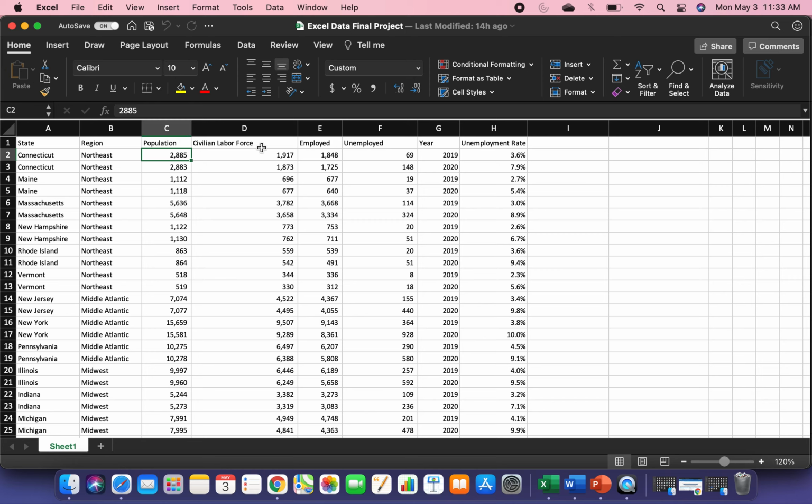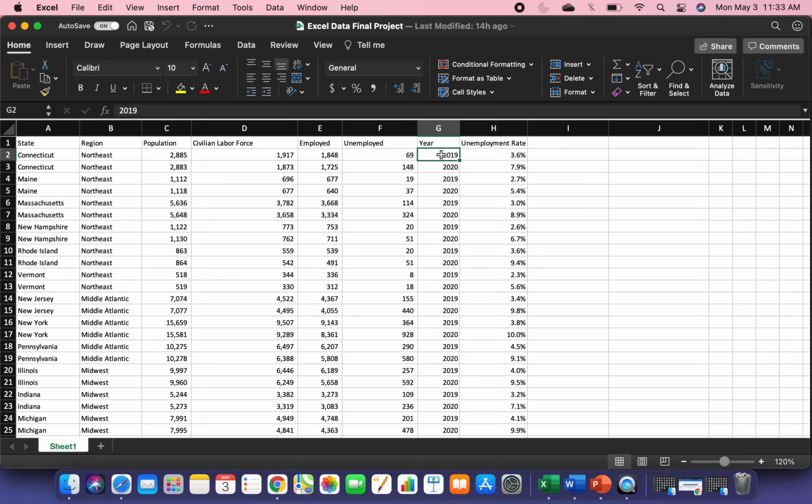In this column, this is the civilian labor force. This is in this column right here, this is the number of individuals that were employed. In this column, this is the number of individuals that were unemployed. And here is the column with the years.